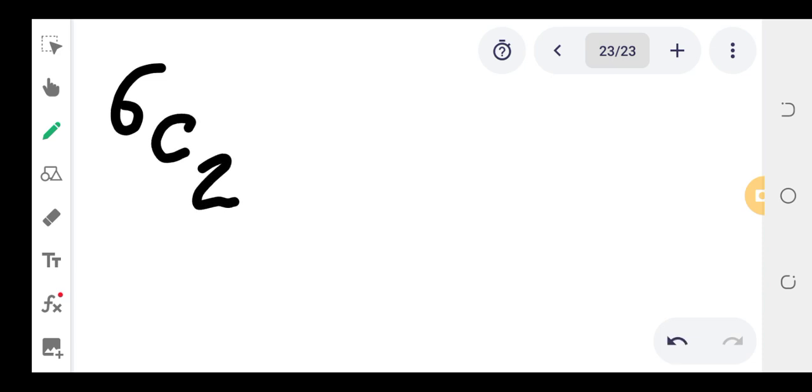We now know r is 2, multiplied by x. So in this case, let me show you how this x is going to be cancelled out.